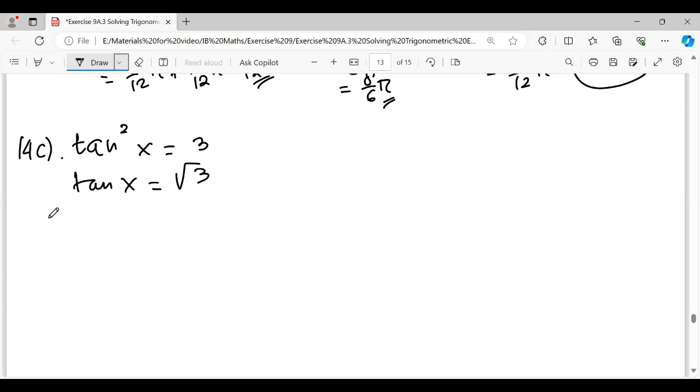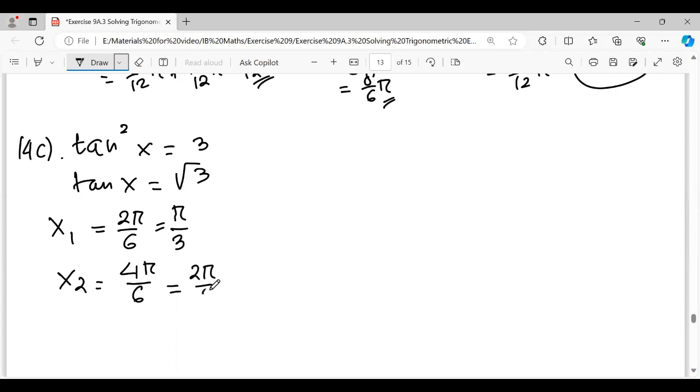So x1 equals 2 pi over 6 because tangent of 2 pi over 6, the value is square root 3. And if you simplify this, it becomes pi over 3. Okay. x2, 4 pi over 6, or 2 pi over 3.